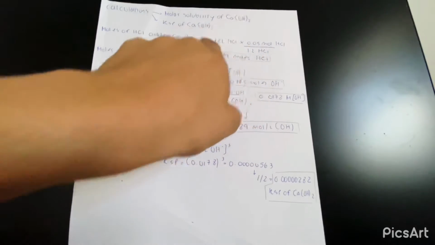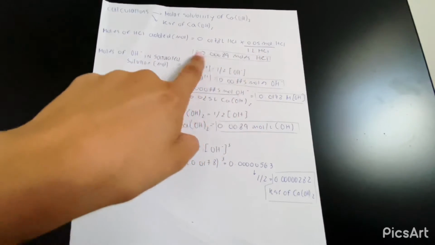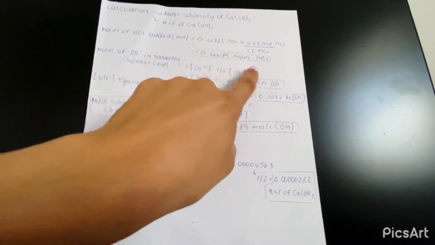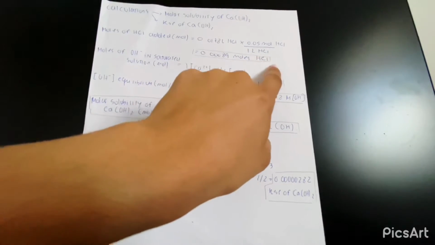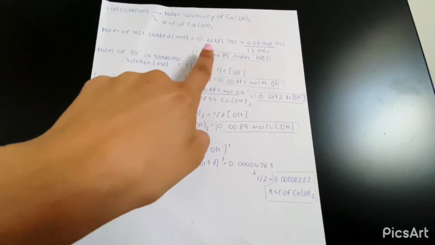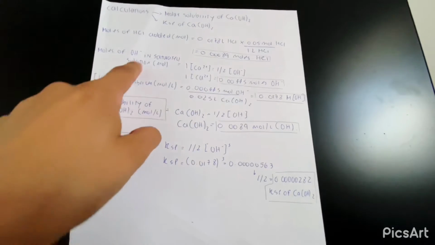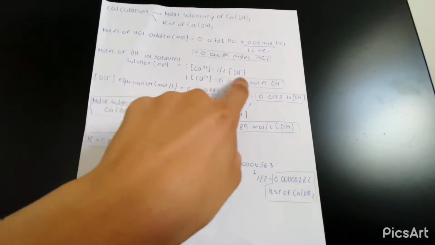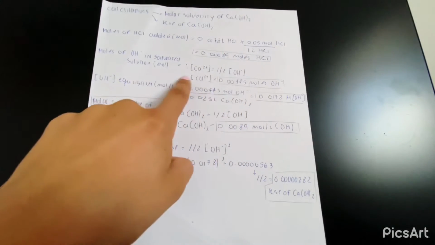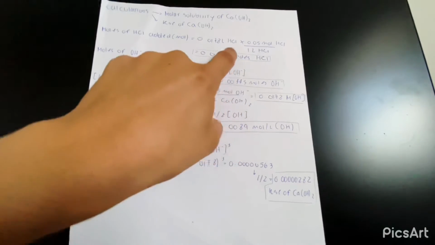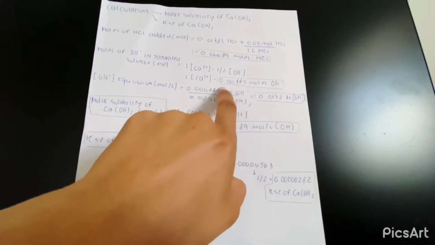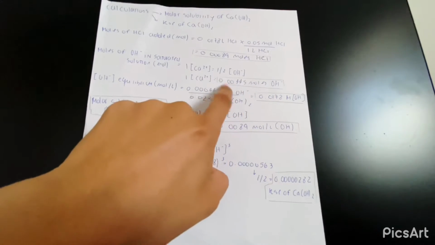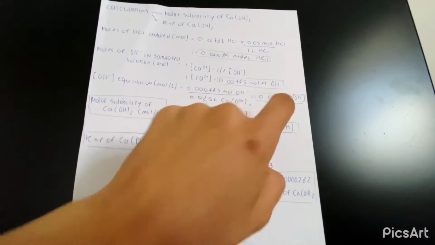We're going to do this calculation and division, and this is going to be the amount of moles of the HCl that we have.